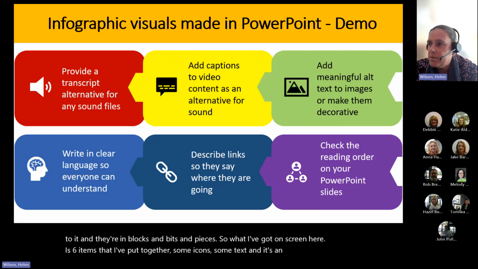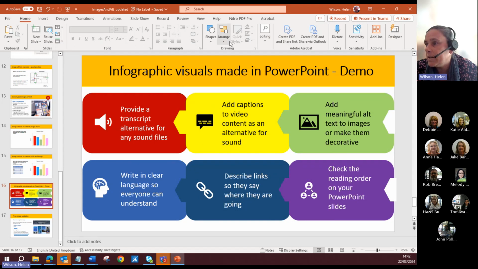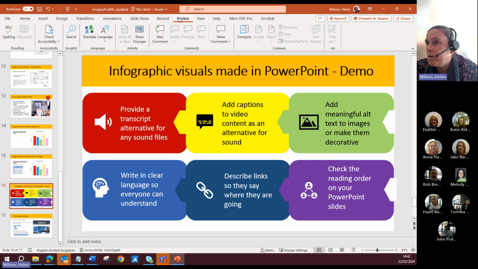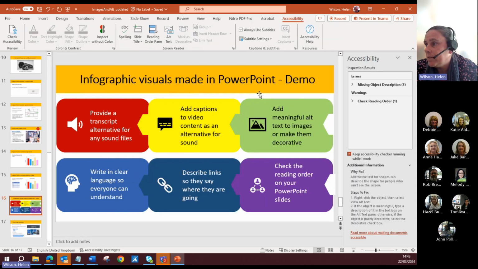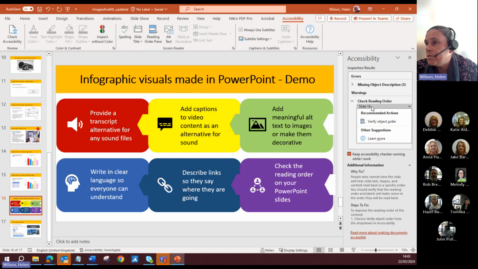Now, if I come out of that and look at this in terms of its reading order, it's not a problem at all, but I'm going to go to review, check accessibility. And what it's saying is on this screen, I've got reading order, which it's kind of questioning.